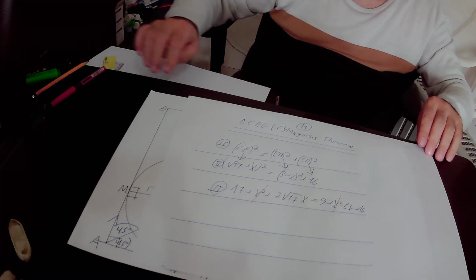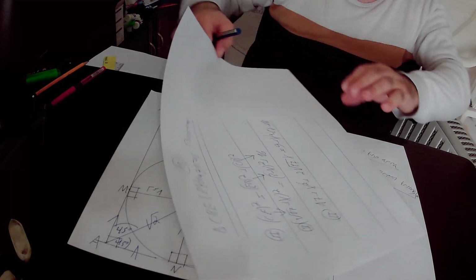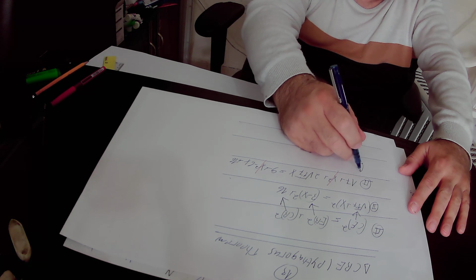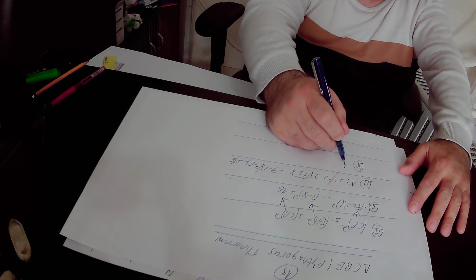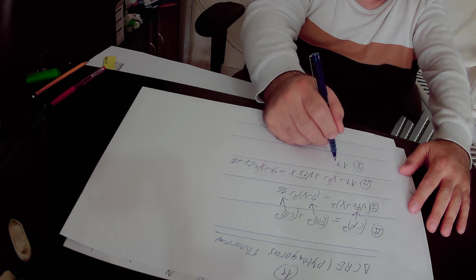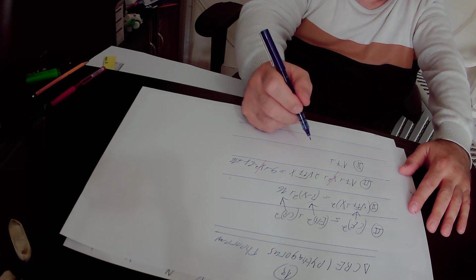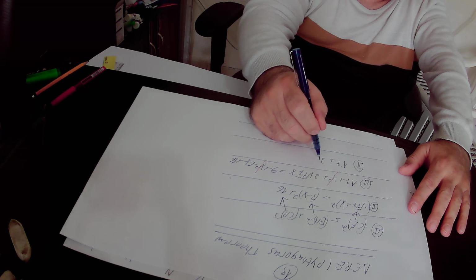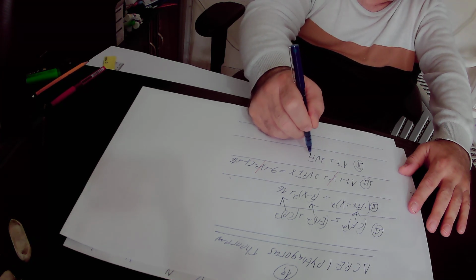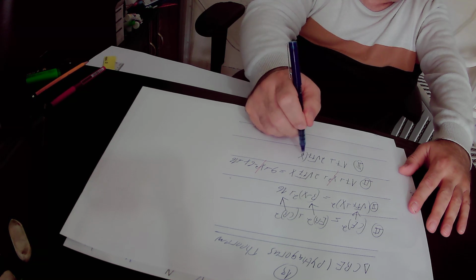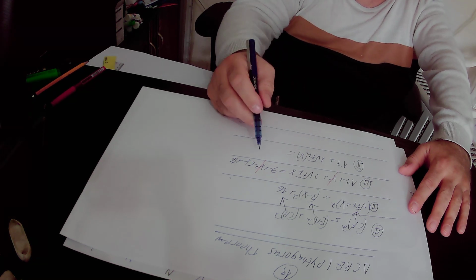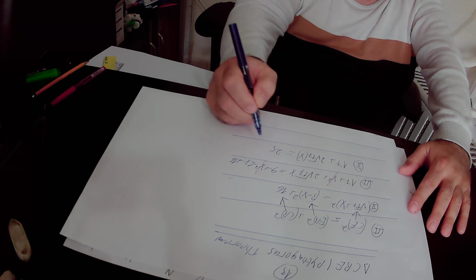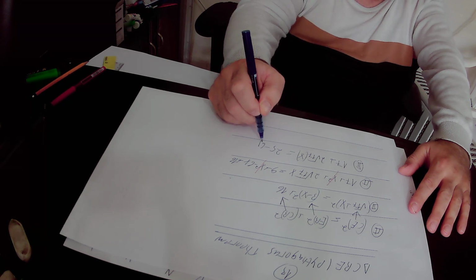We get that 17 plus 2 times square root of 17 x equals, again, 9 plus 16 is 25 minus 6x.